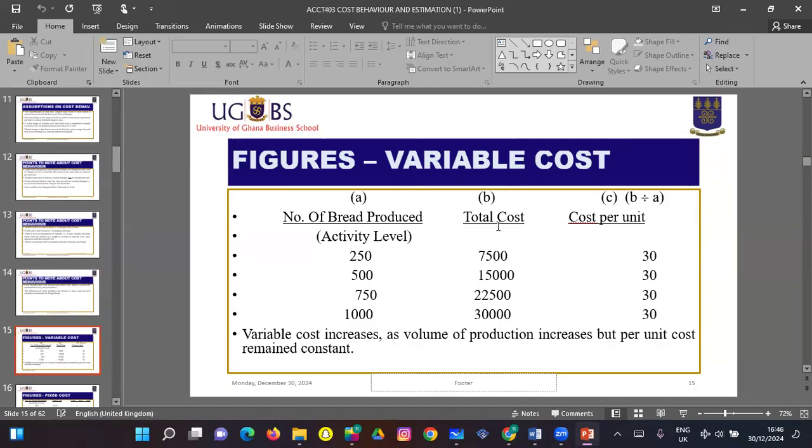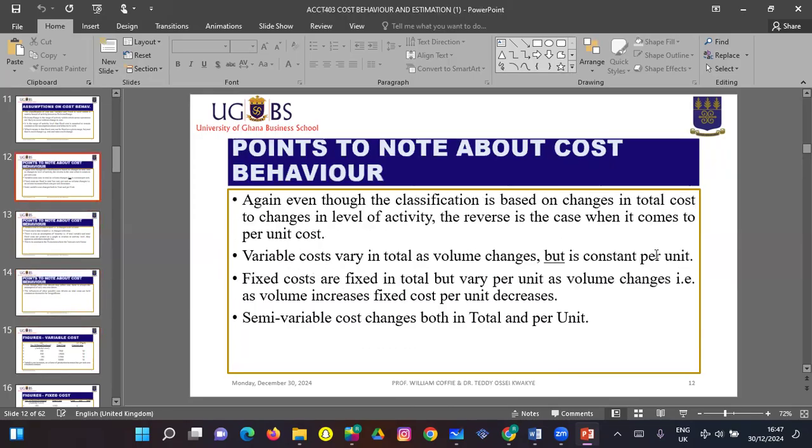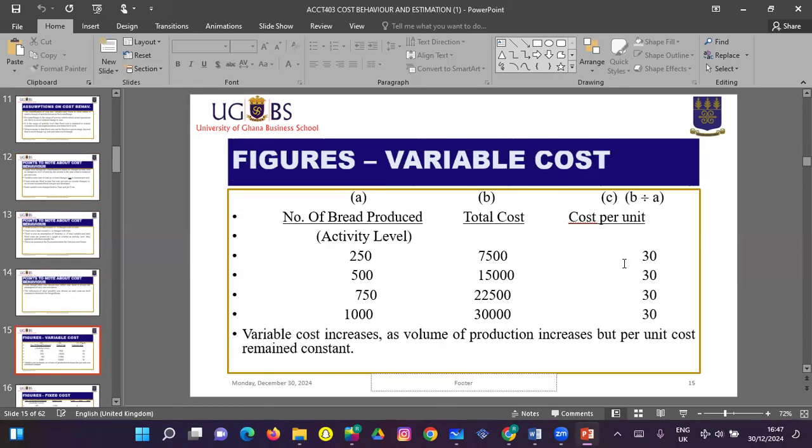So the total variable cost keeps changing. But look at the variable cost per unit. It is 30 throughout. So this shows that variable costs vary in total, but are constant per unit, right? That's what we are having here.